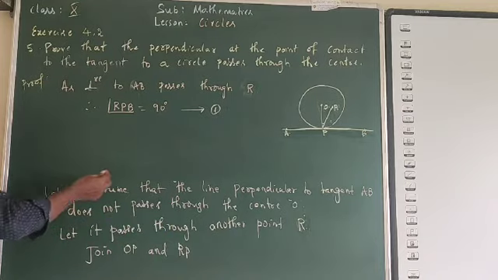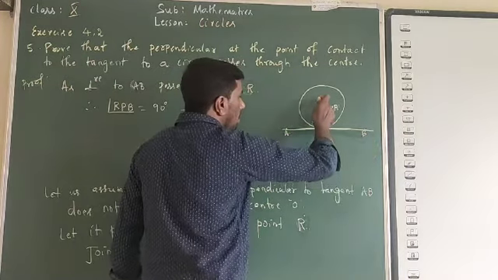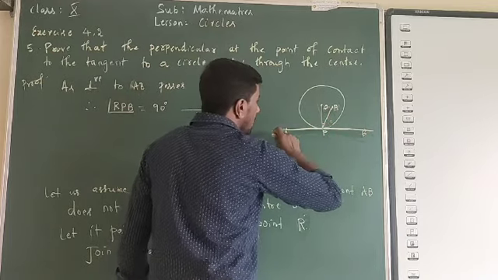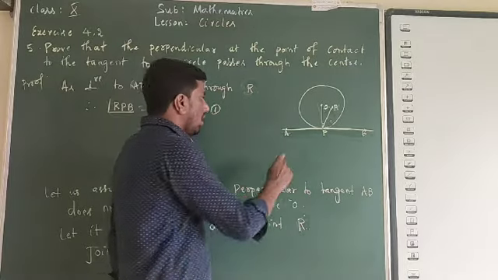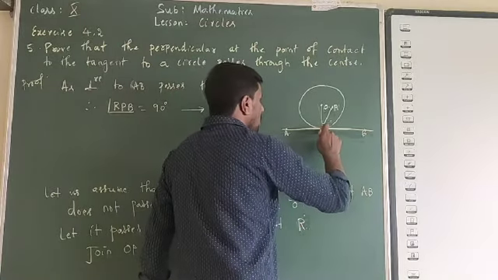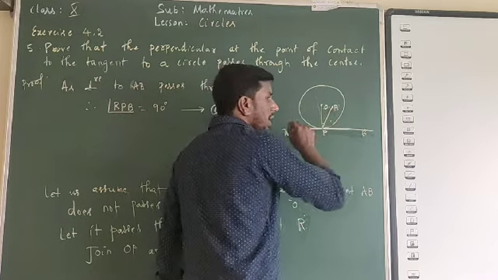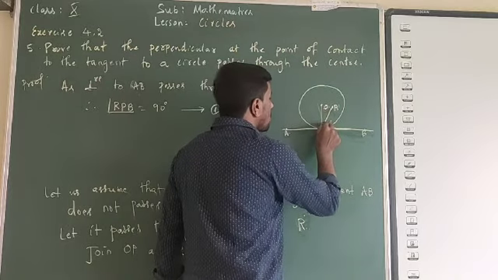We know that OP is the radius and AB is the tangent. Then the angle between the radius and the tangent must be 90 degrees according to theorem 1. The tangent at any point to the circle and the radius to the point of contact must be perpendicular to each other, right? So this angle is also 90 degrees.